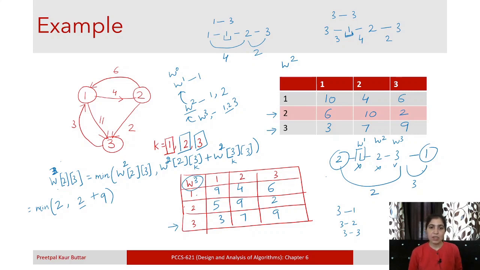So it is giving us the shortest path between 1 and 1, 1 and 2, 1 and 3, 2 and 1, 2 and 2, 2 and 3, 3 and 1, 3 and 2, 3 and 3. So these are the different pairs, and it is giving us the shortest paths between all the possible pairs.